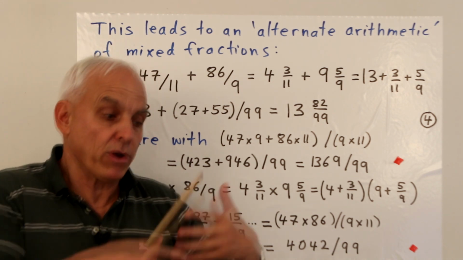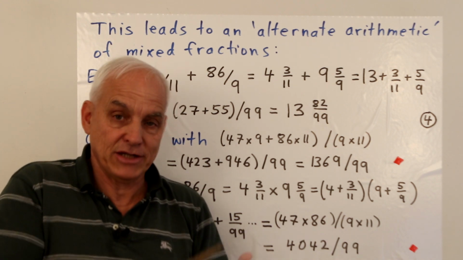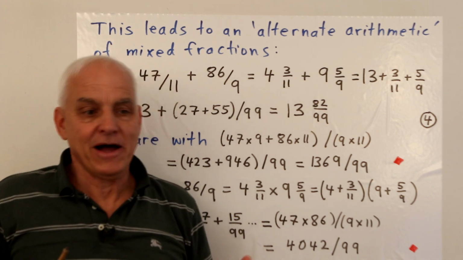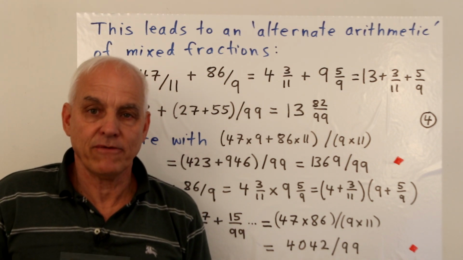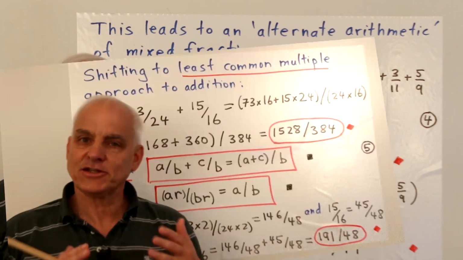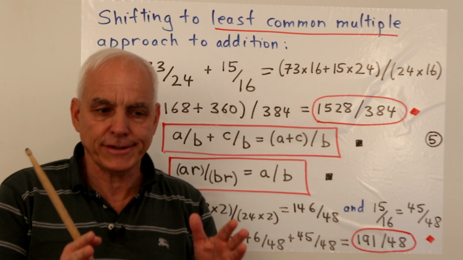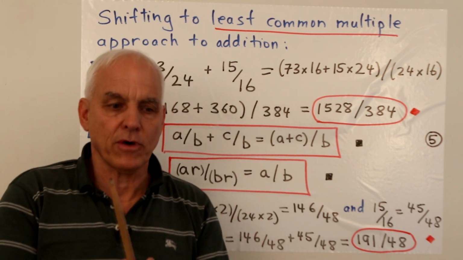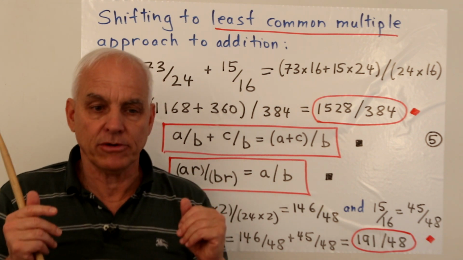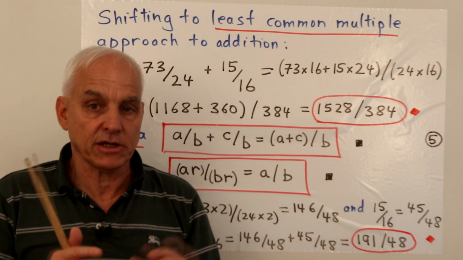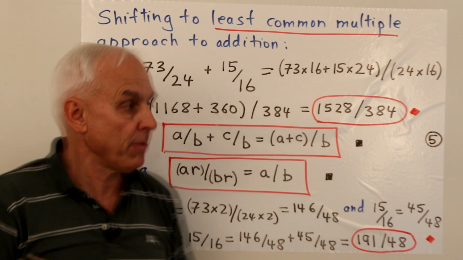So this is an important additional technology that students learn in order to be able to reasonably smoothly do fraction arithmetic. Now let's talk about another important sort of alternative or additional amount of information that students learn in order to be able to make addition of fractions a little bit more agreeable.